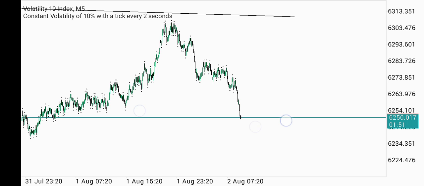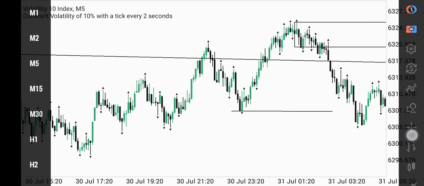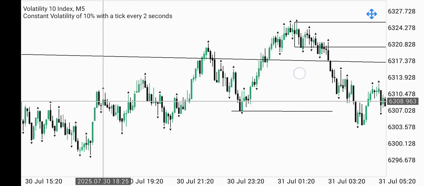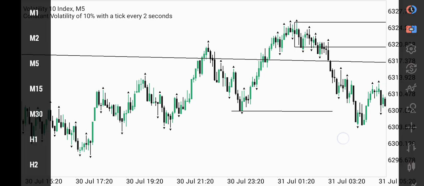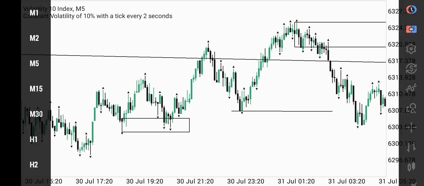So let's move to the H5. So here price came, broke structure, we're targeting this last candle. So forex is actually a beautiful thing, as you can see. Beautiful move, beautiful move.